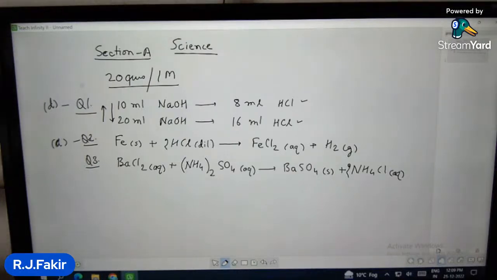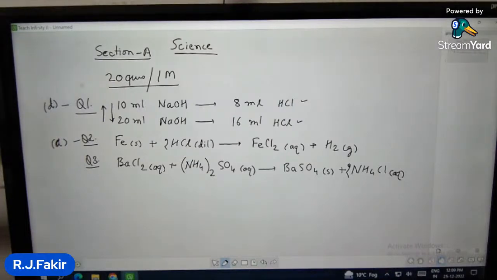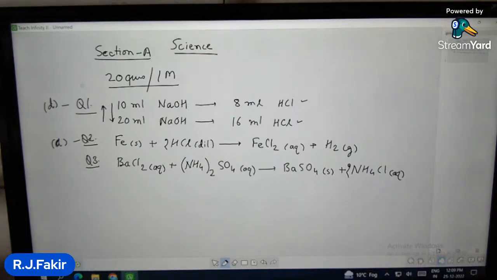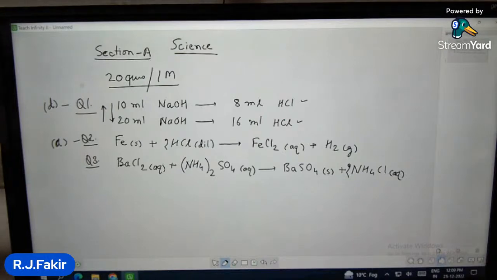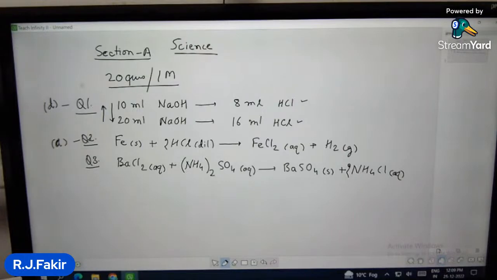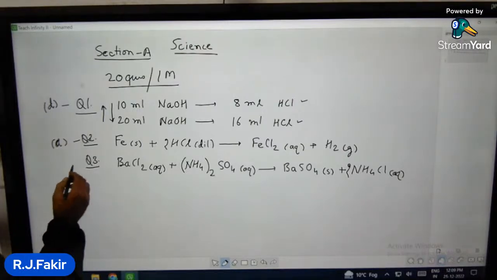Option D is correct, which is the second and fourth option. Second is precipitation, fourth is double displacement. Both types of reactions are represented by this. So in question 3, option D is correct.